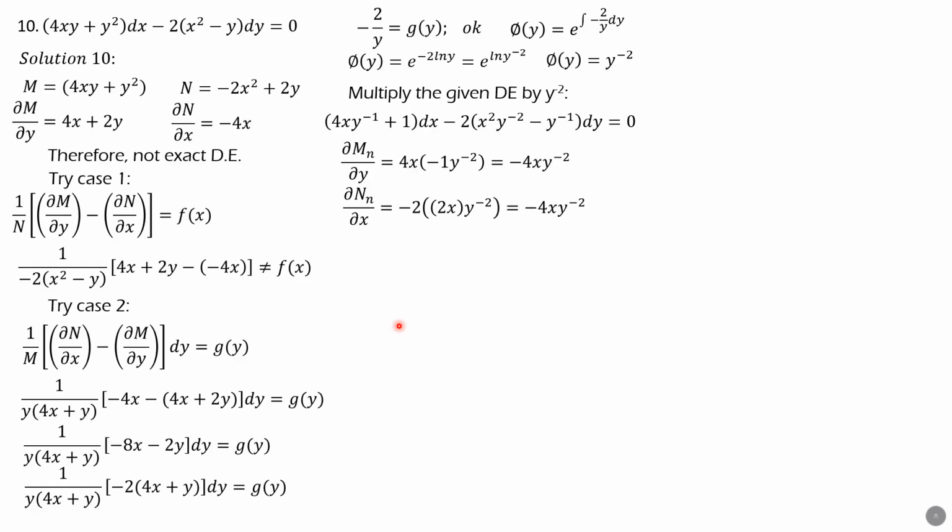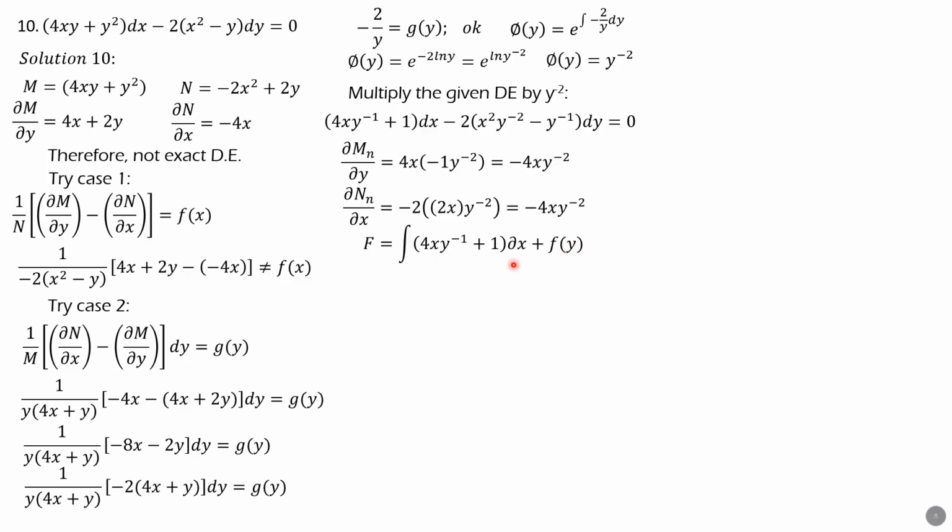They are shown to be an exact differential equation after we multiply everything by this function y to the negative 2. So the solution is either f equals the integral of this expression dx plus f of y, that's the arbitrary constant.